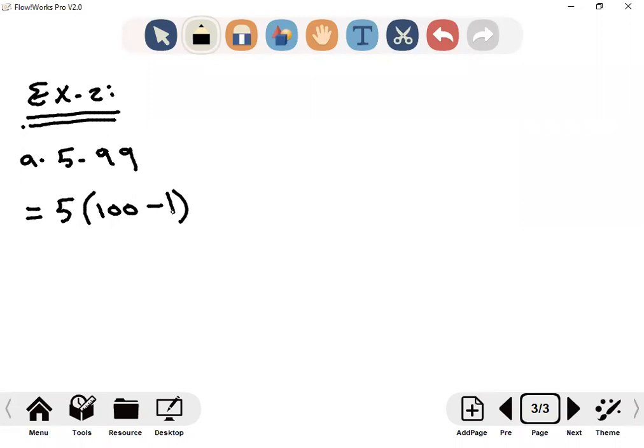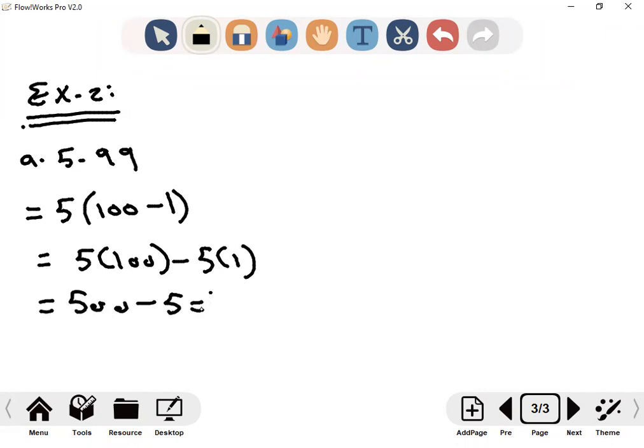Easier, right? It's easier. Is it better to multiply 5 by 100 or 5 by 97? 5 by 100. So this is equal. Now let's apply the distributive property, right? 5 by 100 minus 5 by 1, which is 500 minus 5 means 495. Done? This is part A.